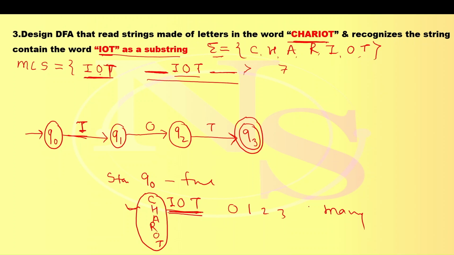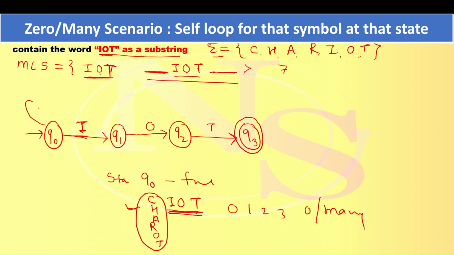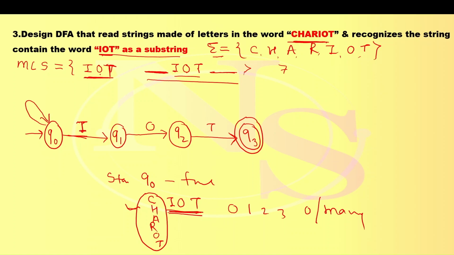May or may not means 0 or many times, and 0 or many times means a self loop. Self loop for which symbols? For all symbols other than I, which are C, H, A, R, O, T. So you can put the self loop here for all the symbols C, H, A, R, O, T. Already we have a transition for I. Now Q0 becomes deterministic.